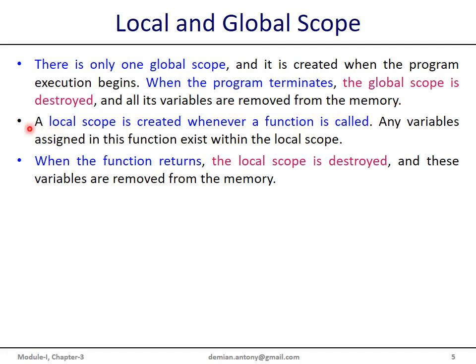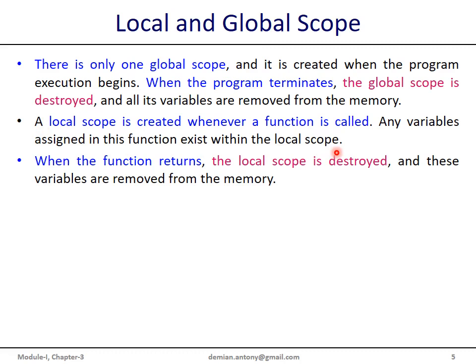What about the local scope? The local scope is created whenever there is a function call. When the function is called at runtime, a local scope pertaining to that function is created, and all the variables assigned in this function exist within the local scope.